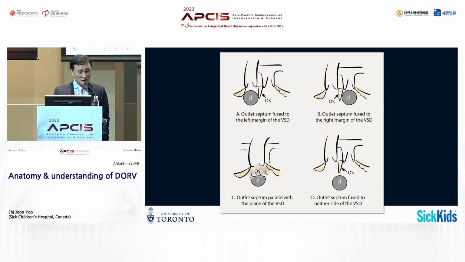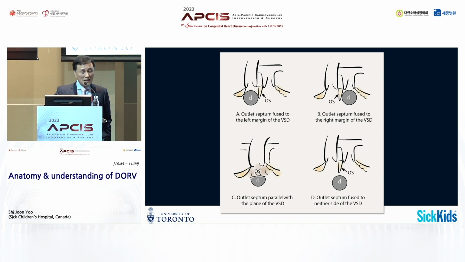In cross-sectional imaging, understanding of this concept is very important. And then if you have a similar VSD, however, outlet septum goes to the right margin of the VSD, and then that VSD becomes automatically below the left-sided semilunar valve, and the right-sided semilunar valve is isolated. Right?